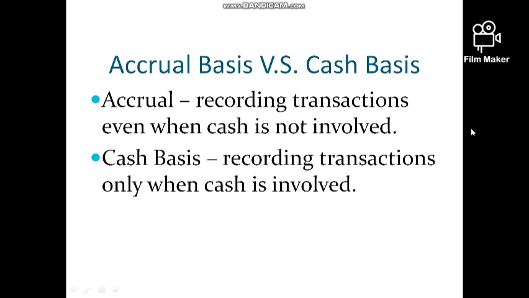In cash basis, we record transactions only when cash is involved. So if in sales transactions the customers have not yet paid, then we do not record that transaction. We only record the transaction when the customer has already paid.